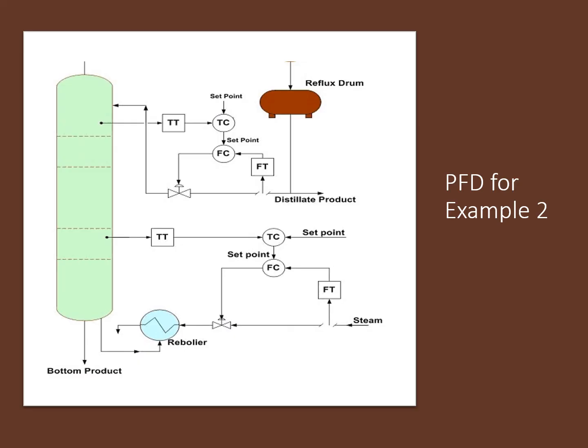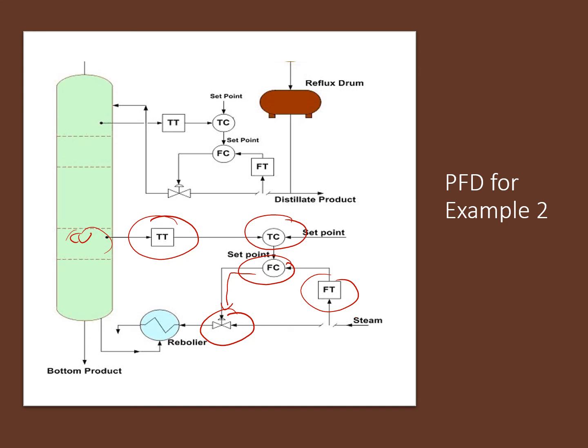Okay, basically this is the example of the PFD for example 2 just now. Here we can see the temperature control will get the signal from the temperature transmitter, and it will detect the control variable, the bottom temperature inside here, and then it will send the data to the flow control, and the flow control will also measure the steam flow rate, do a corrective action and send the data to the final control element.